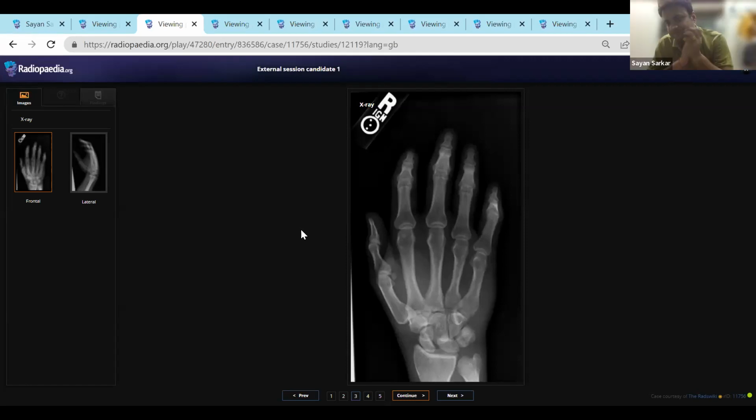However, the intercarpal joint spaces appear intact, and carpometacarpal joint spaces appear normal. Visualized bones are not showing any displaced fracture.